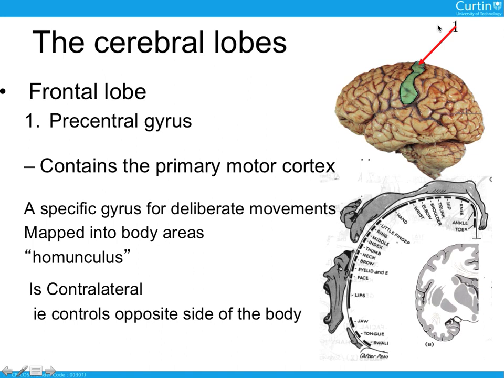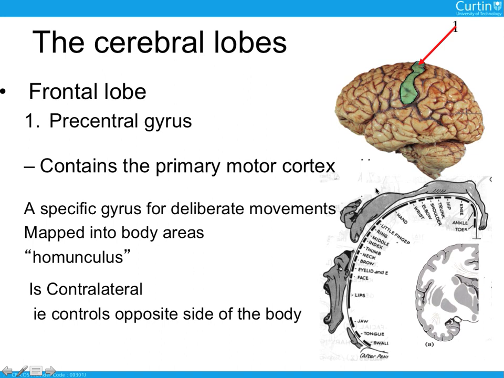If we took a coronal view of the primary motor cortex, you'll see this. This is basically a diagrammatic representation of what areas of the cortex are responsible for control of particular areas of the body. This is where the great longitudinal fissure is, and you can see we have the foot, the knee, hip, shoulder, wrist, hand, and you can see that the hand has proportionally a larger amount of cortex devoted to it than, for example, the shoulder.